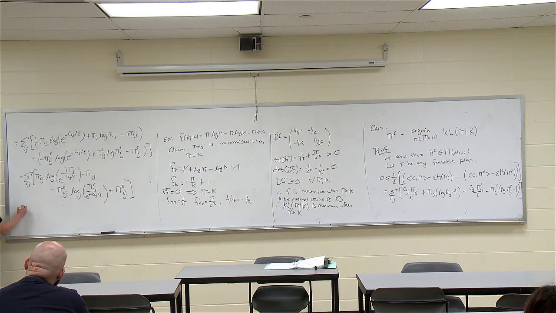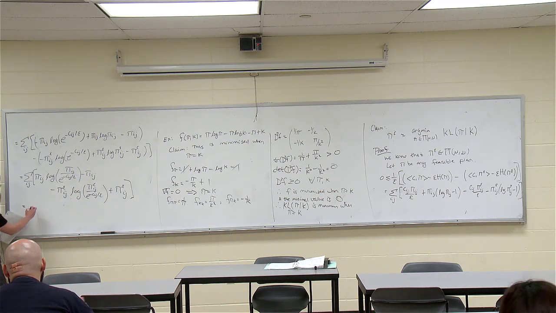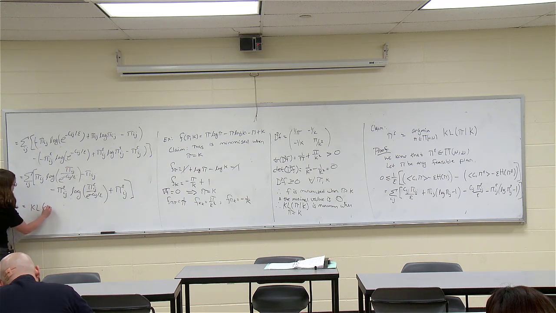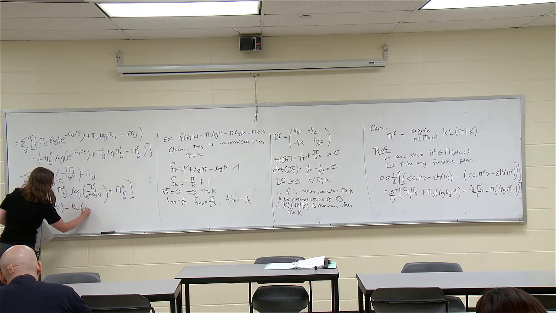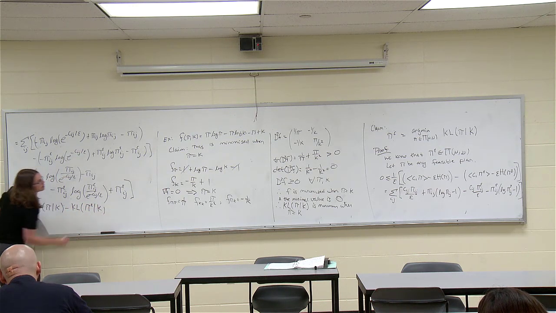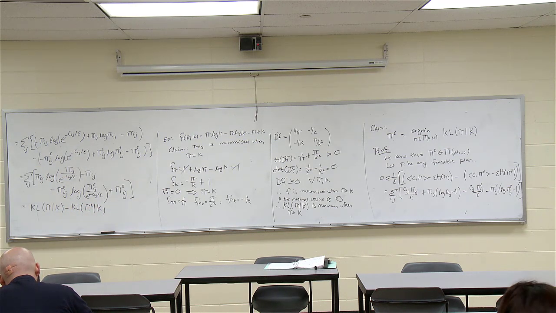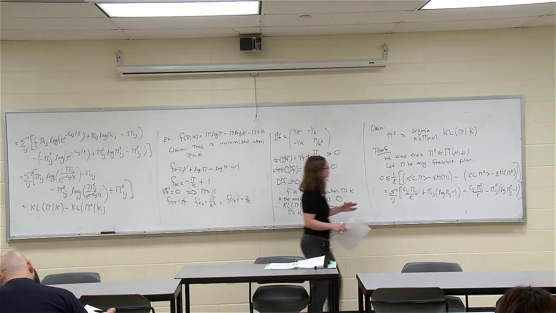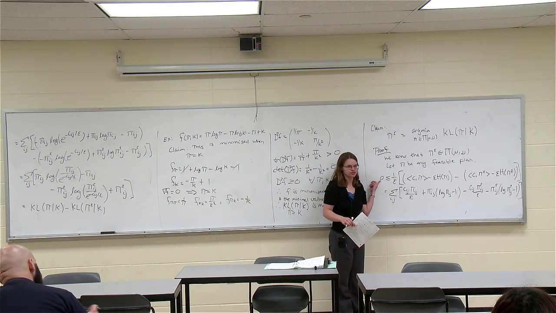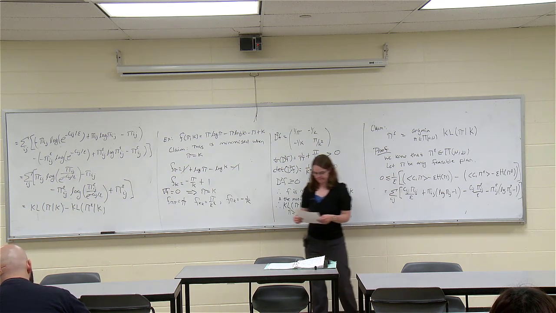So this is indeed the KL divergence between pi and k minus the KL divergence between pi epsilon and k. Okay, and this, if we go back to where we started, this is greater than or equal to 0. That's the key takeaway.